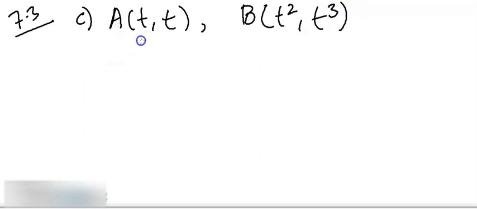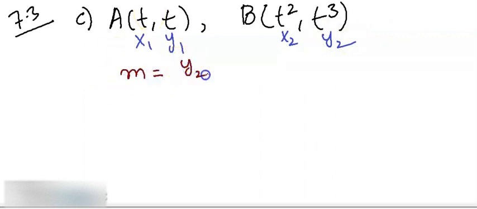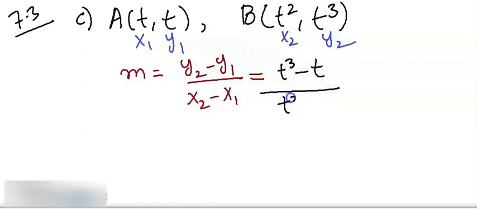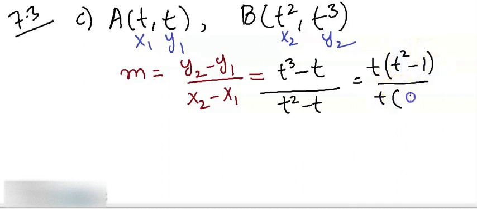So let me label this one as x1, y1 and this one as x2, y2. So the formula for slope is m equals y2 minus y1 divided by x2 minus x1. Just substitute the values. So y2 minus y1 means t cube minus t divided by t square minus t. You take t common in the numerator and get t square minus 1, and t common in the denominator, you get t minus 1.